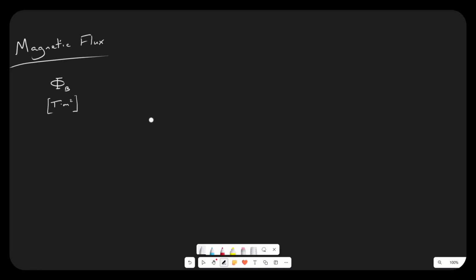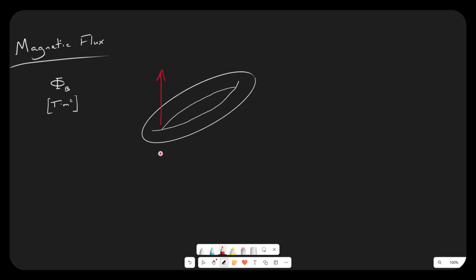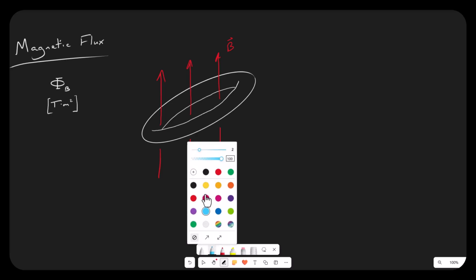And I want to give you an idea of what this looks like. Flux is a measure of how much magnetic field is passing through a closed loop. If I've got a loop like this, and I've got a magnetic field, then flux is a way of finding just how much magnetic field passes through my loop.